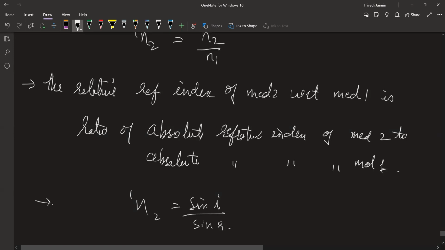No, sir. Frequency is independent as it depends on the source. Exactly. Frequency does not change throughout. So we can say wavelength and speed are changing, but frequency remains unchanged.